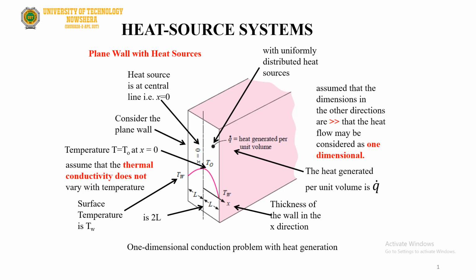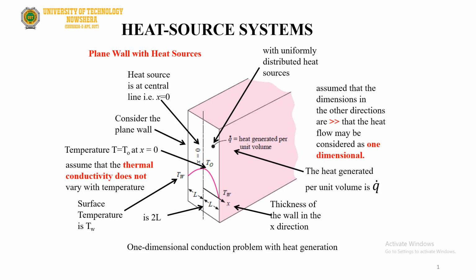Now the two faces of the wall are maintained at temperature Tw. What we are going to do is that we will establish an equation for temperature distribution. Remember, we will consider constant thermal conductivity.